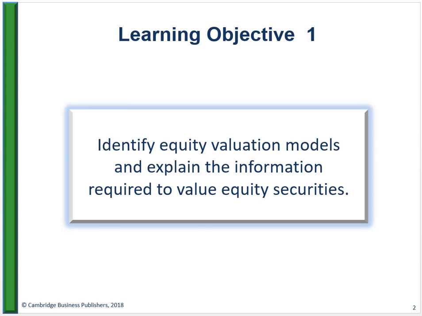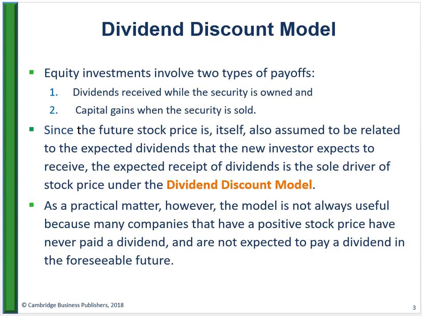Identify equity valuation models and explain the information required to value equity securities. We looked at the dividend discount model in modules 12 and 13. In both of those modules, we were concerned primarily with the cash flows as applicable and consistent with our discount rates, and the dividend discount model takes into consideration cash flows to equity holders.